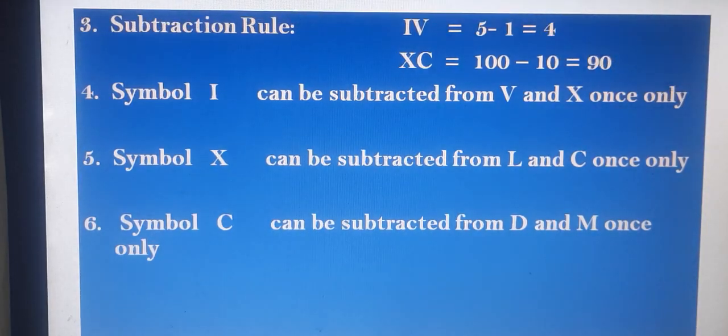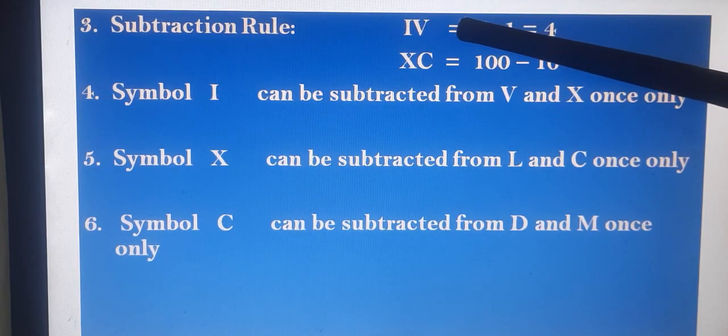Third is the subtraction rule. When a smaller number is written on the left of the larger number, the smaller number is subtracted from the larger number. These rules are given in your first term book on page number 18 and 19. Okay? So look here, what is the rule?